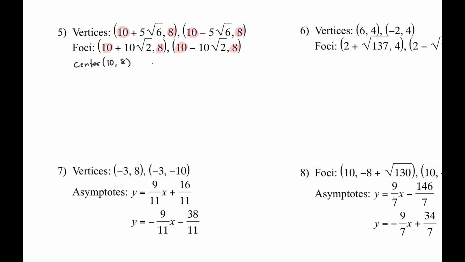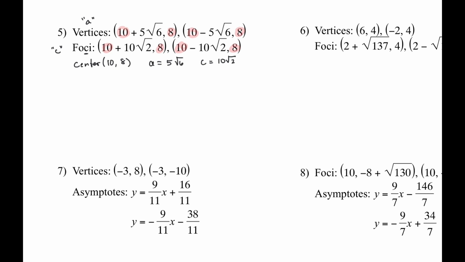And also, A, unfortunately, in this problem, is not a very nice value. A is 5 square roots of 6, and C is equal to 10 square roots of 2. Remember that the vertices always have to do with A, and foci always have to do with C. There's always a C right there in foci, so that's something you can connect to.